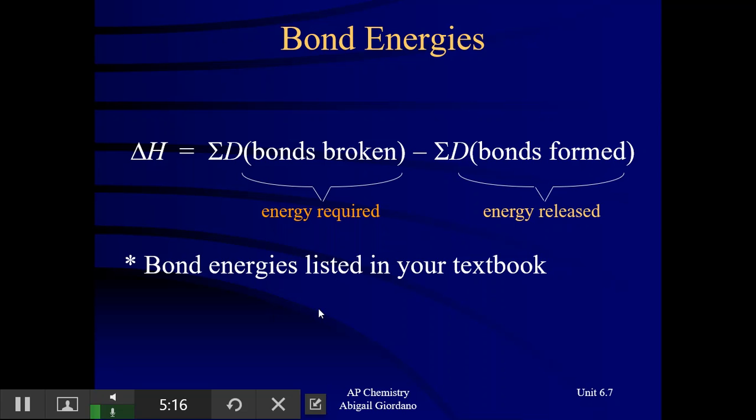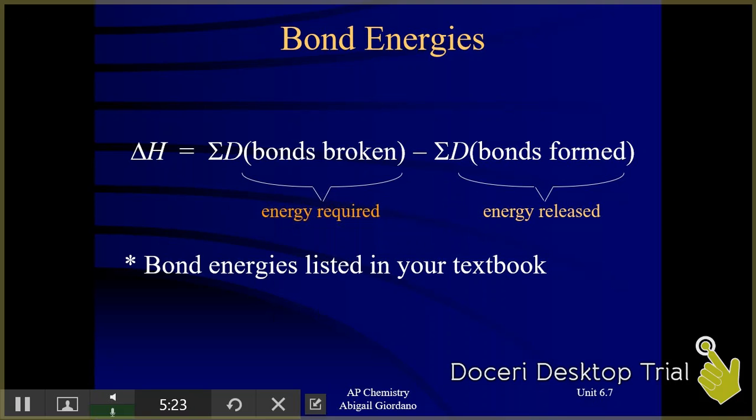Now, some people, instead of making this formula bonds broken minus bonds formed, prefer to write it out as an addition instead of a subtraction, but making sure that you know that all of those bond energies should be negative because it's energy being released.